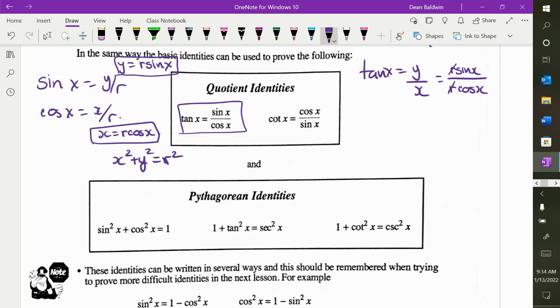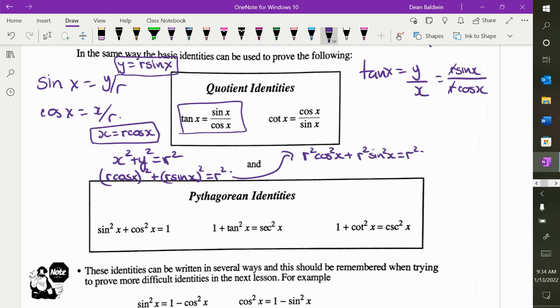Using the same idea, I can plug them in and I get r cos x all squared plus r sine x all squared, which gives me r squared cos squared x plus r squared sine squared x is equal to r squared.